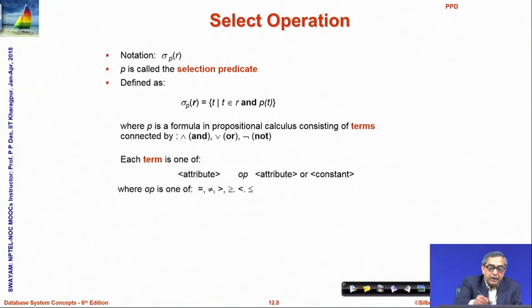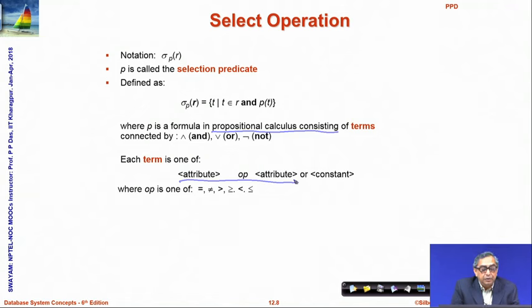P here particularly is a propositional calculus formula or expression, where we have different terms that are connected by conjunction or and, disjunction or, negation or not. And each term by itself could be something like this.